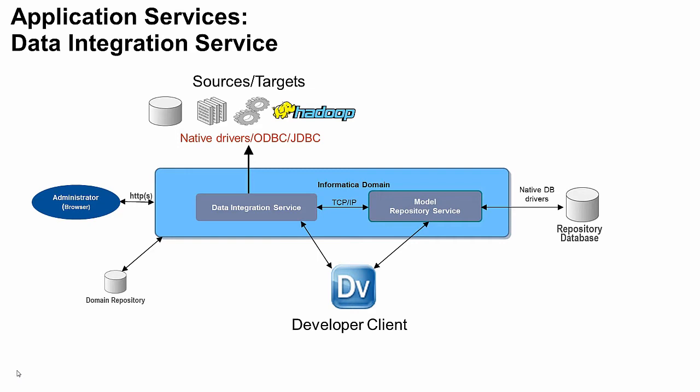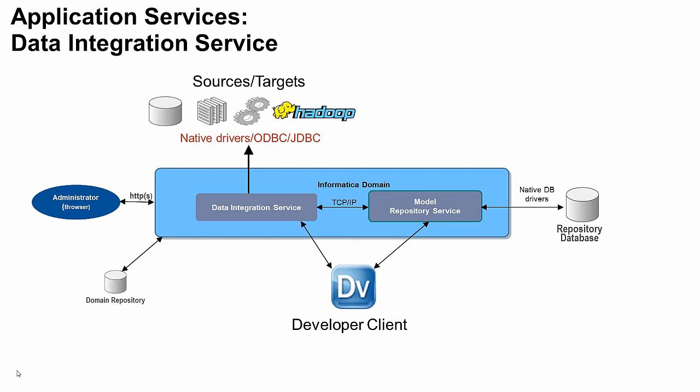So when you build a mapping in the developer client tool, that mapping is stored as metadata in the model repository. And again, like I said, your sources, targets, profiling, any type of metadata you create within the developer tool is stored in the repository database and is accessed using the model repository service.